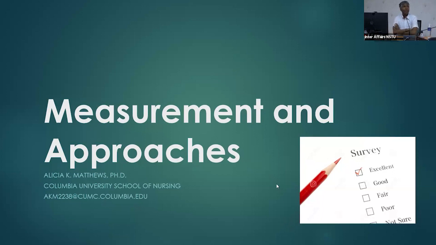When I think about the questions that I typically get related to measurement, they fall into 2 or 3 categories. The first is, how do I identify a standardized measure that captures the key construct that I'm interested in measuring for my study?